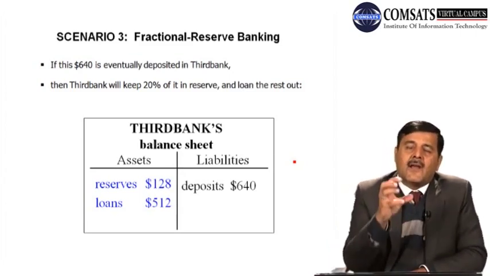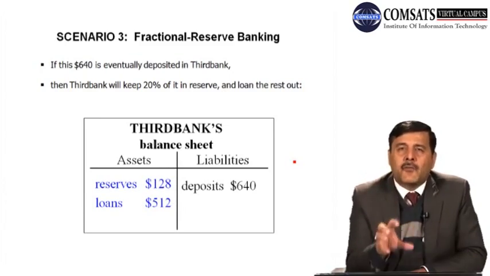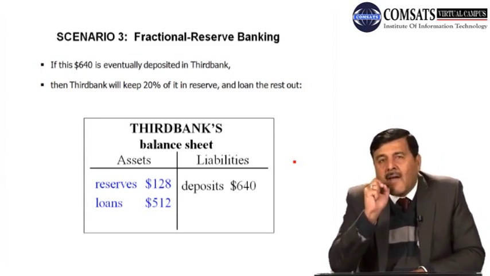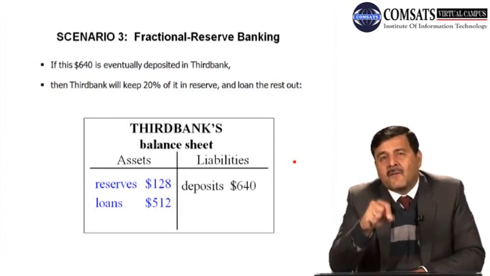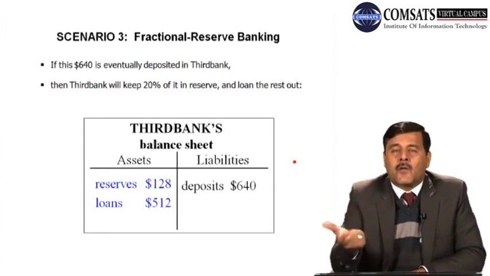Banks keep a certain proportion or fraction of the deposits as a reserve with themselves, right? And that is the 20%. So the second bank kept 20% as a reserve, which is $160, and lent 640 further to the borrower.